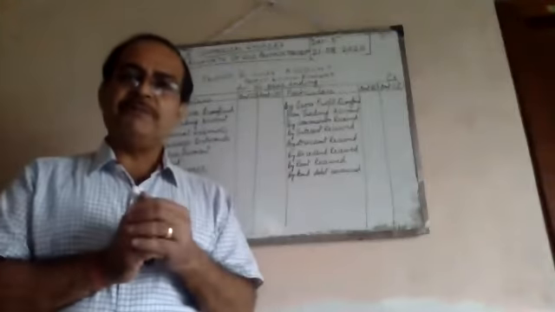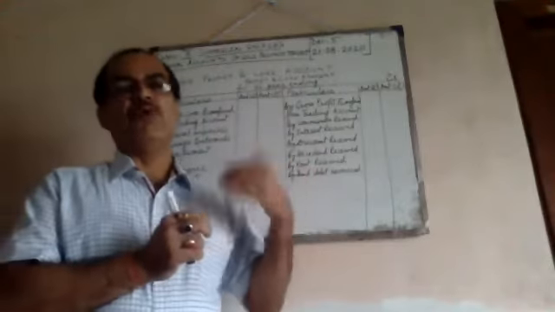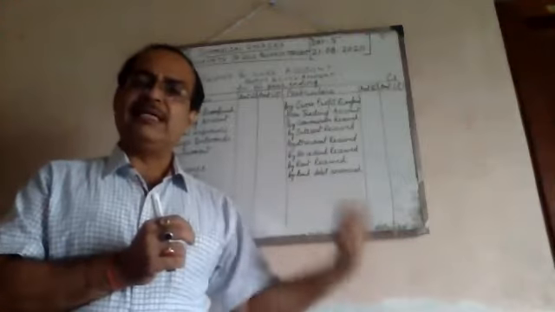That is what is called a gross profit. When the debit side is more, when expenses are more than the incomes, then it is a loss.